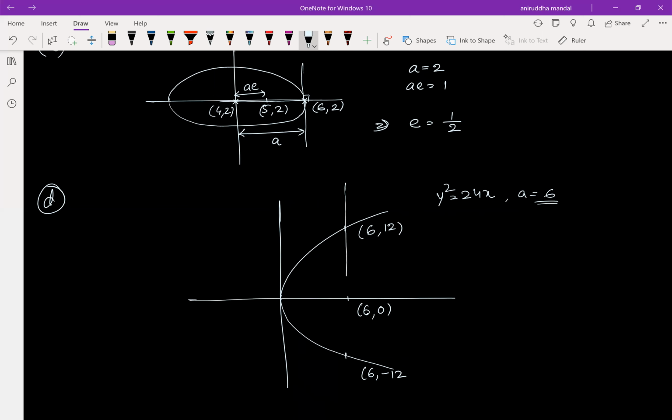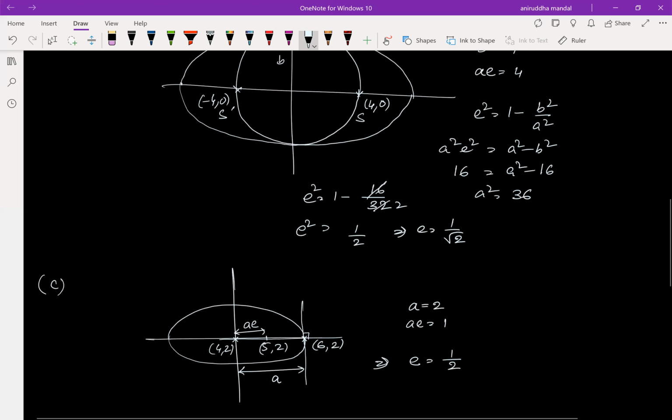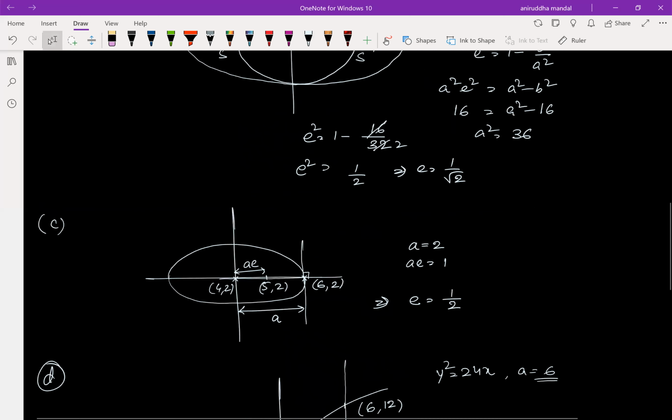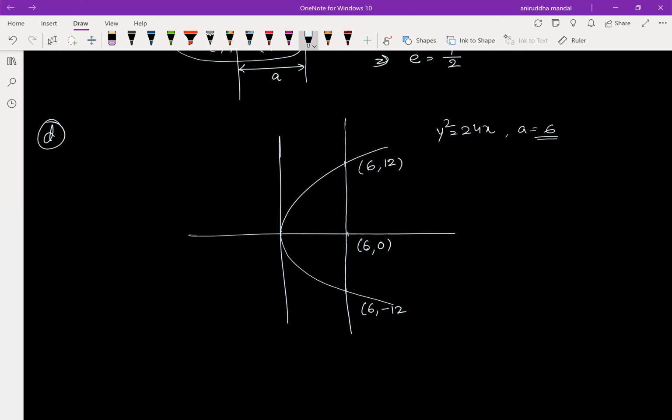And this is the axis of the ellipse. If the ellipse passes through the vertex of the parabola, then find its eccentricity. So this ellipse is passing through this. This is the figure.